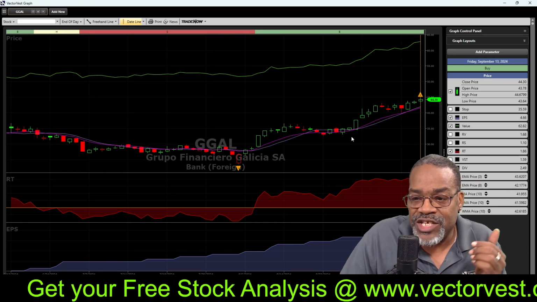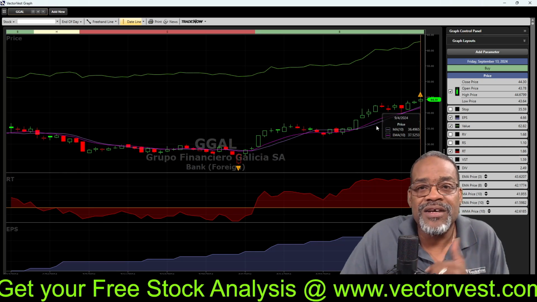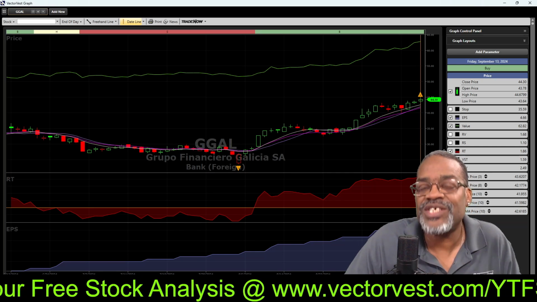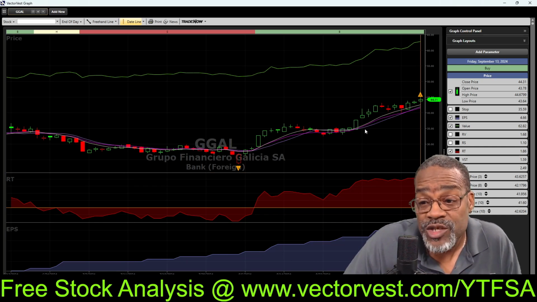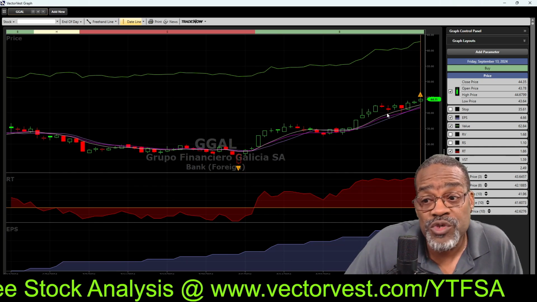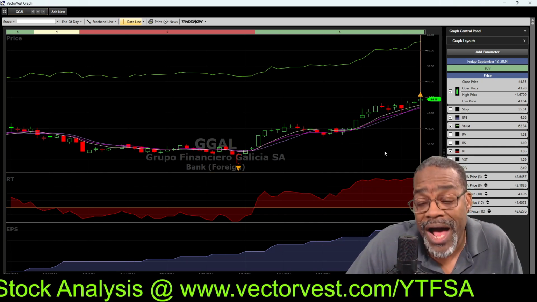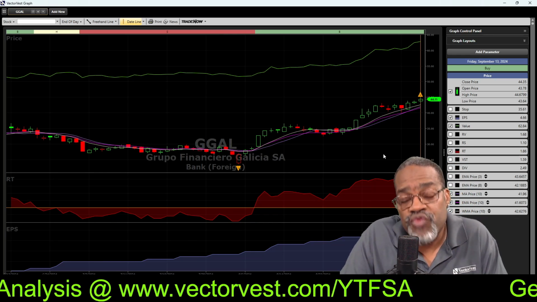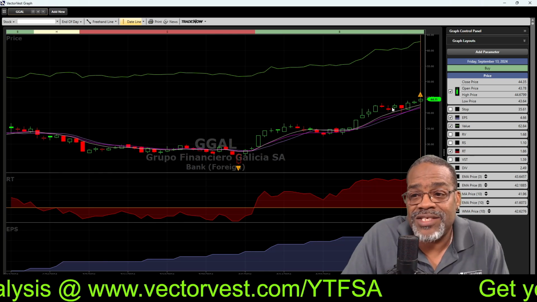What that means is it gets you in and out of the stock a little faster. Now, we're going to go to a weighted moving average. Wow, notice how it tracks price a little closer than the other two. Why? Because a weighted moving average puts more weight on the most recent data as it sets up moving averages.